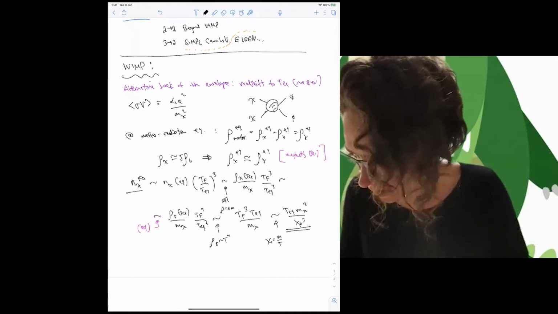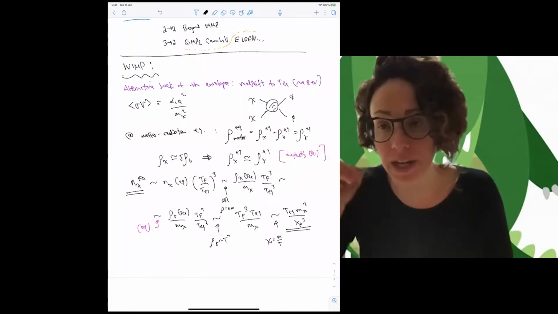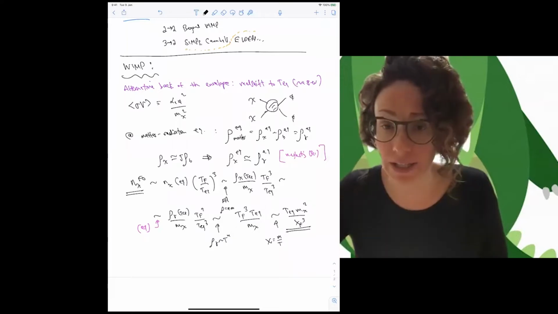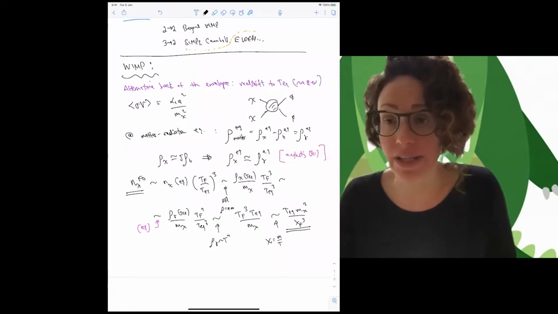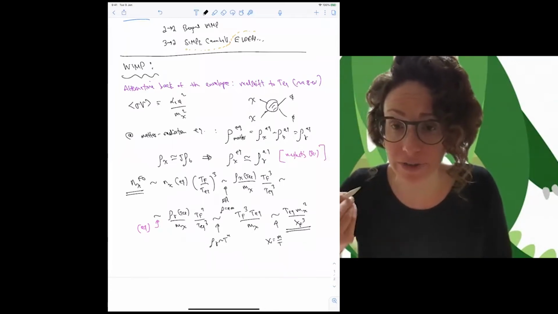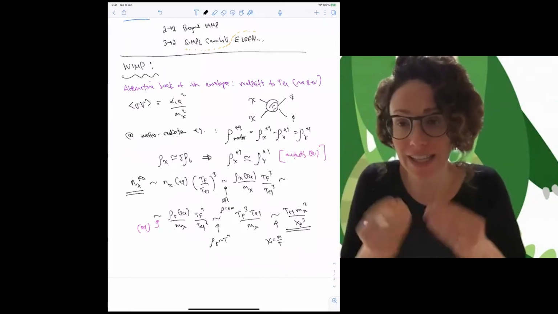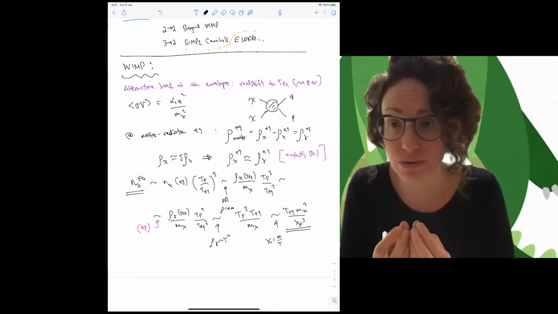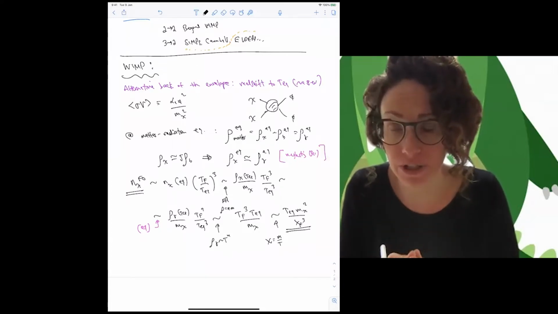This is a way for me to write down the number density of dark matter at freeze out in terms of T equality, where, in order to get this relationship, I've already used the fact that this is the number density that gives me the amount that we've measured today, because we've already used how much dark matter we have in our universe today.